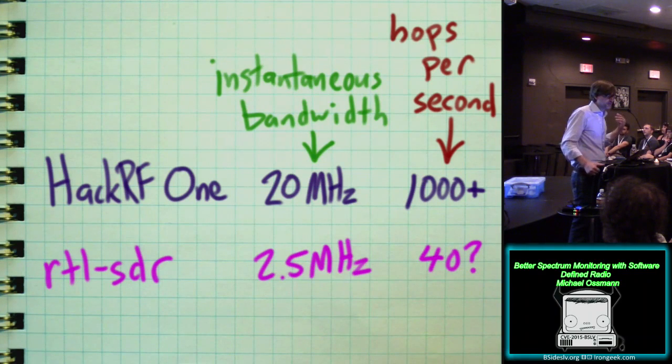Now the hops per second with a Realtek dongle: when I was trying RTL Power and stuff, I seemed to only get maybe about 10 hops per second. But I've heard accounts that people with some tweaking of the software can get something around 40 hops per second. So that's 40 retunings per second, which is definitely useful, but it's way, way less than we can get by running on the microcontroller in HackRF.